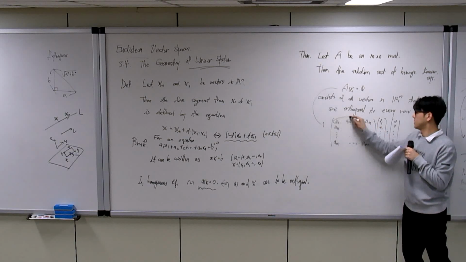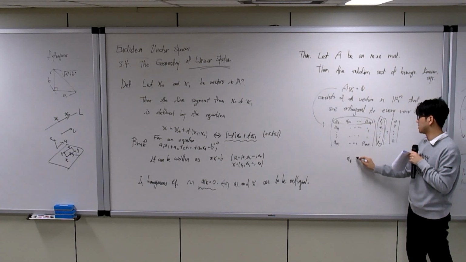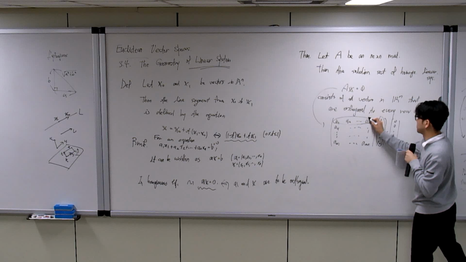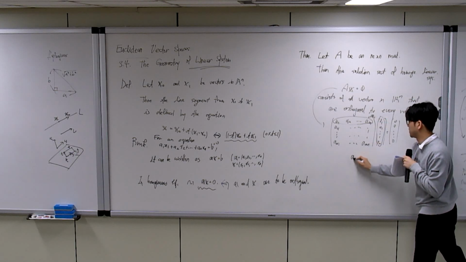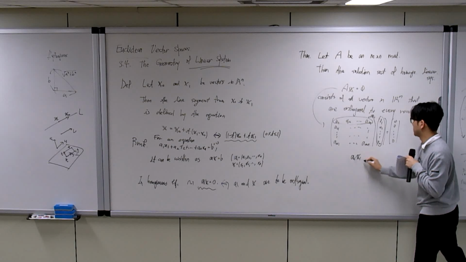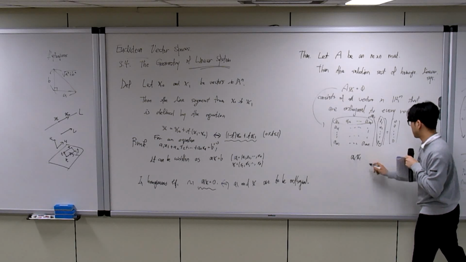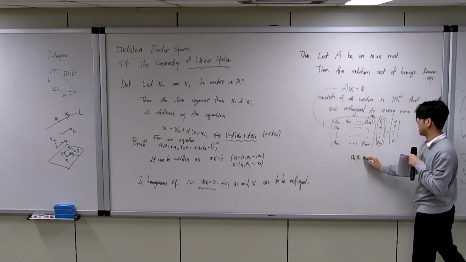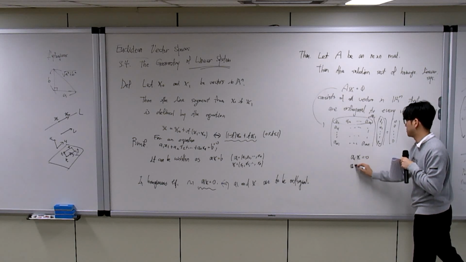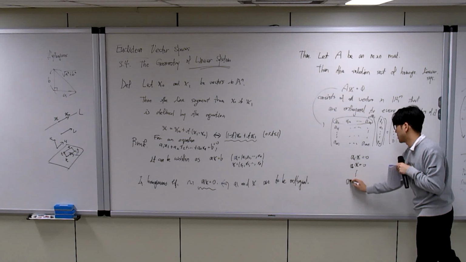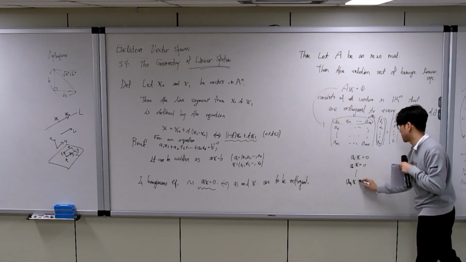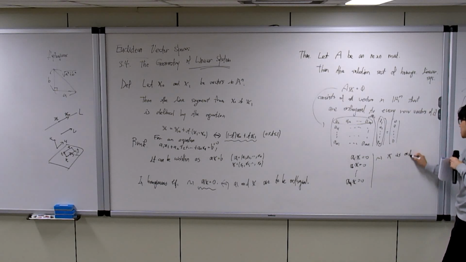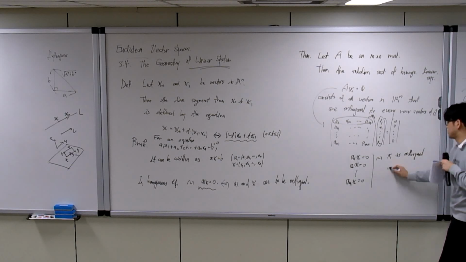If I apply the first equation, I will write it as a1 for convenience: a1 dot x equals 0, a2 dot x equals 0, up to am dot x equals 0, so that means x is orthogonal to all row vectors.